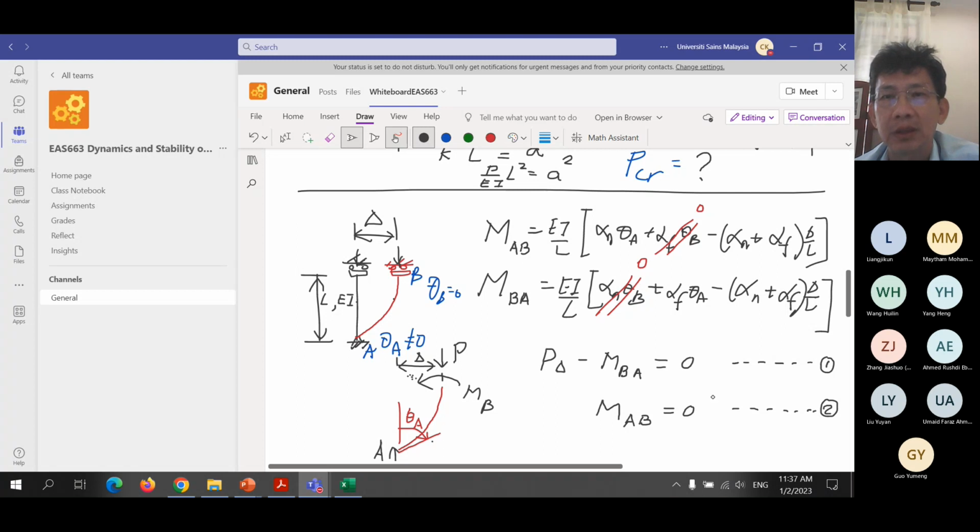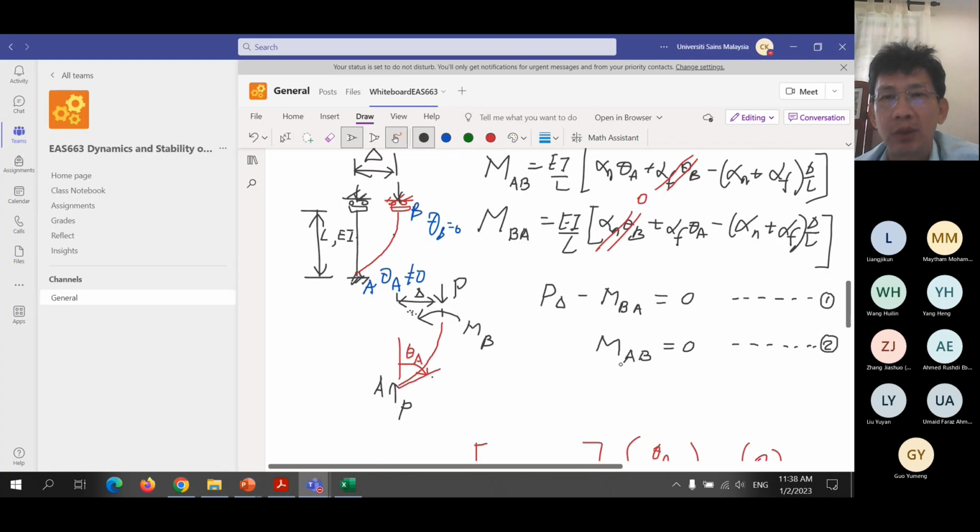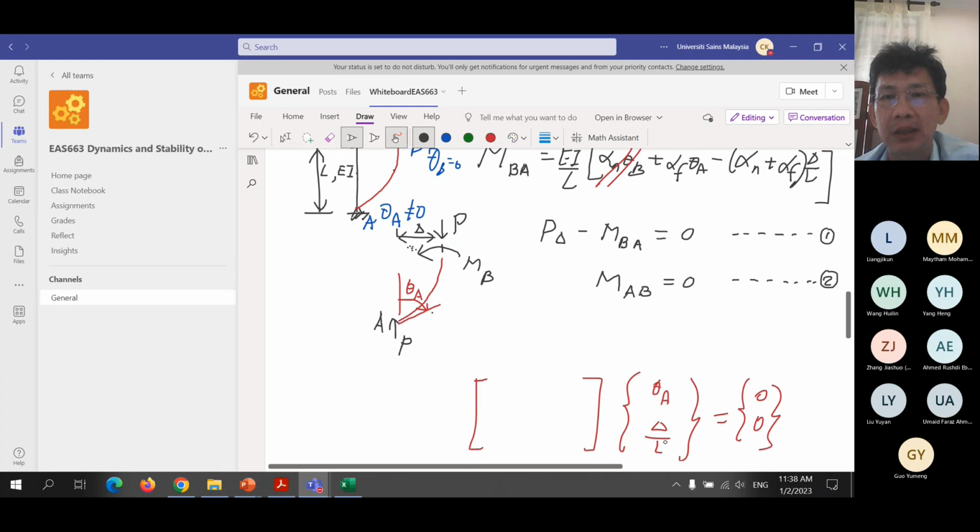Then we will get equations in terms of theta A and delta over L, coming from substituting this and substituting this again. Finally, what we want is two equations that involve theta A and delta over L.